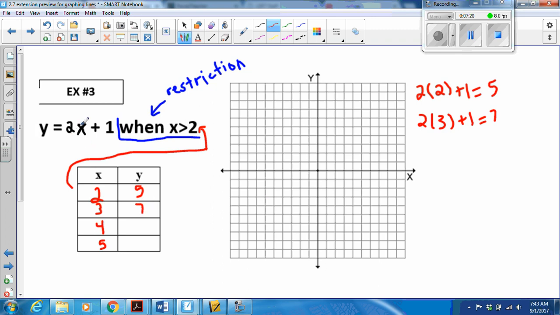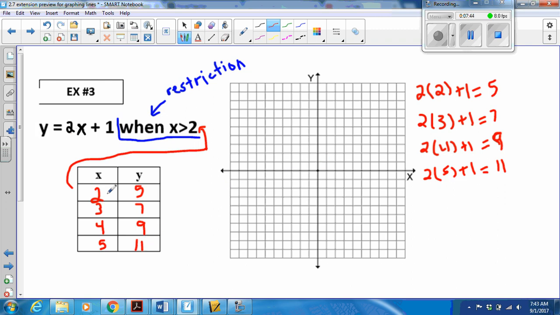Then I plug in 4 for x as well: 2 times 4 plus 1 gives me 9. And then 5: 2 times 5 plus 1 gives us 11. It's okay if your points go off the graph a little bit.